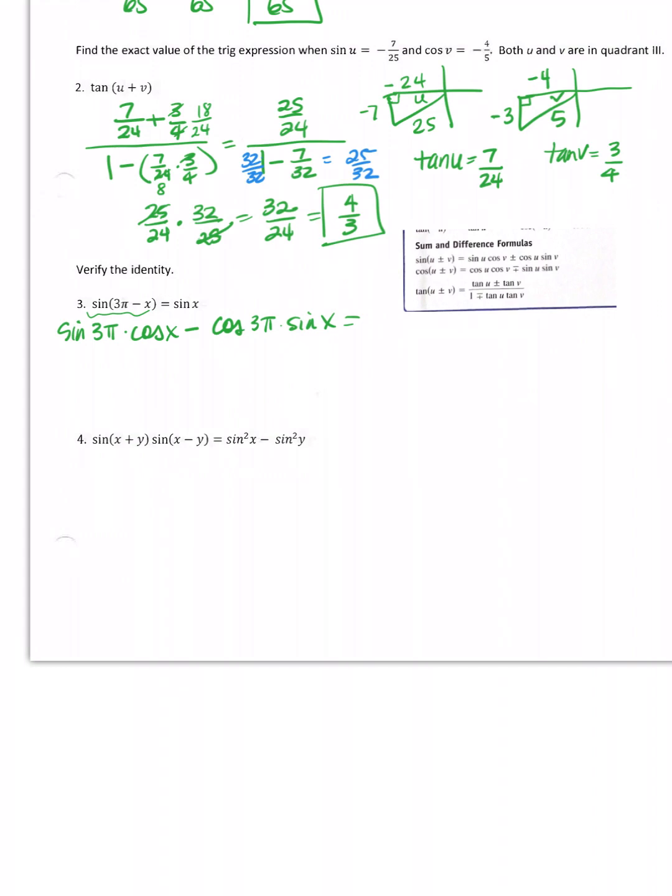So then let's break this down. Let's use our unit circle. What is the sine of 3 pi? Well, where's 3 pi? So here's 0, 1 pi, 2 pi, 3 pi. That's right here. What is the sine there? It's 0. So this is 0 times the cosine of x minus, well, what's the cosine at 3 pi? Well, that's negative 1 times the sine of x.